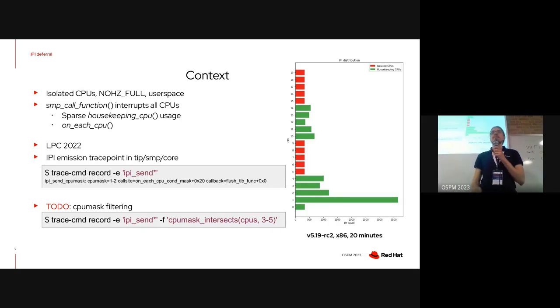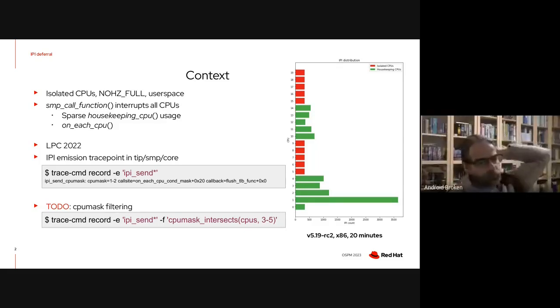When I was looking at this, isn't it true that with TLB flushes, these days it should happen in the hardware without having to send IPIs? Not on x86.